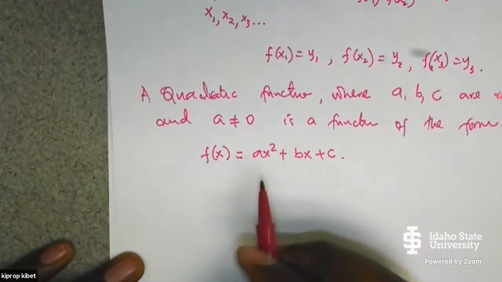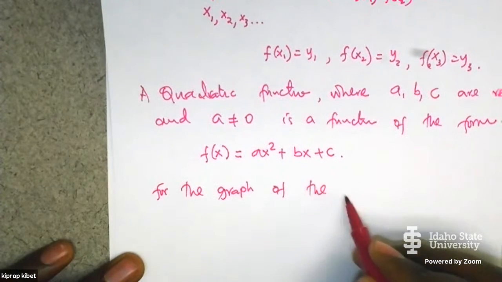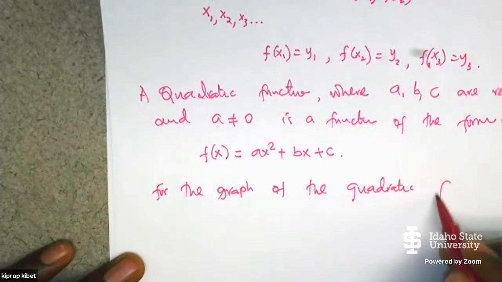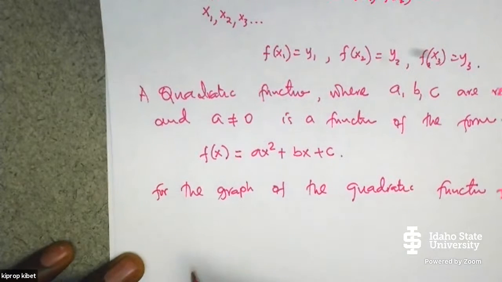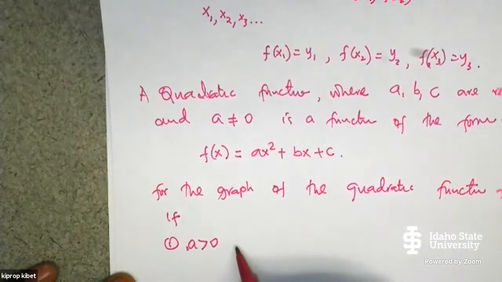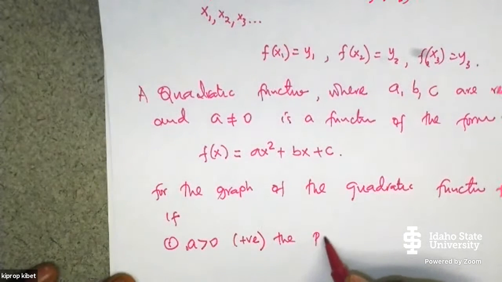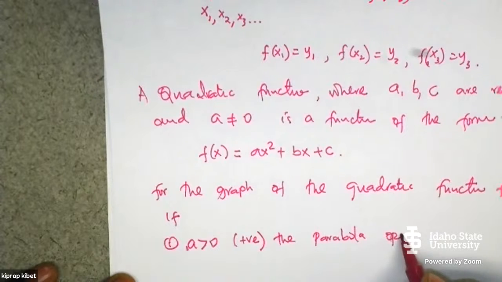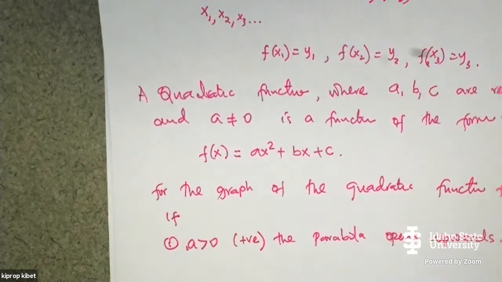So we can write, for the graph of the quadratic function f of x equals ax squared plus bx plus c: number 1, if a is greater than 0, that means if this one is positive, the parabola opens upwards.